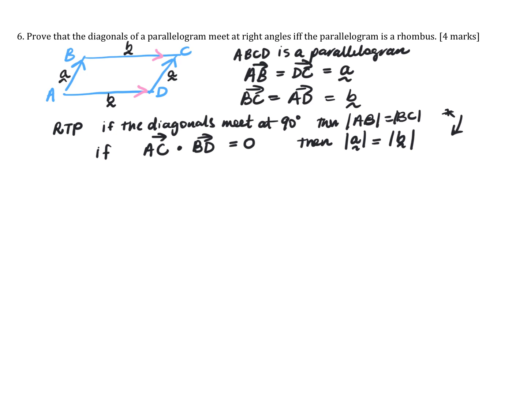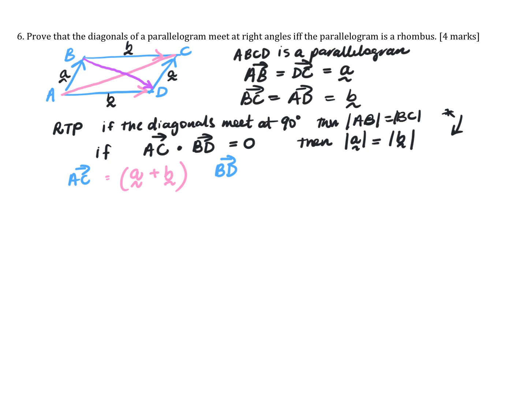Now let's set up what these vectors are. AC, how do I get from A to C? Well, I'm going to go along A and then along B, a positive direction. What is vector BD? Going from B to D, how am I going to do that?